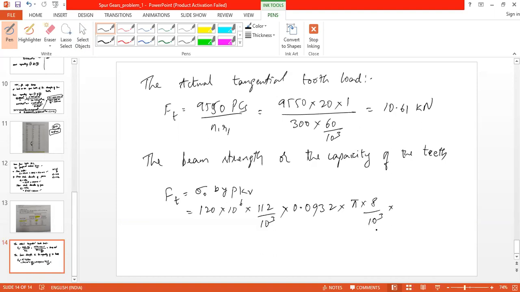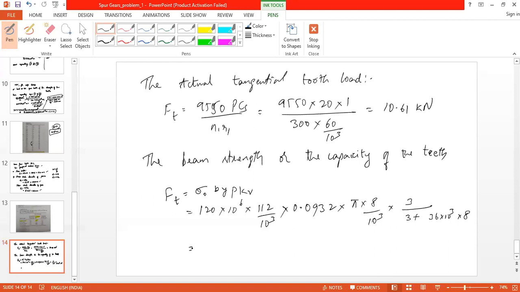We need it in terms of meters. Multiplied by kV. kV is 3 by 3 plus Vm, so that is 3 by 3 plus 236 into 10 power 3 into 8.